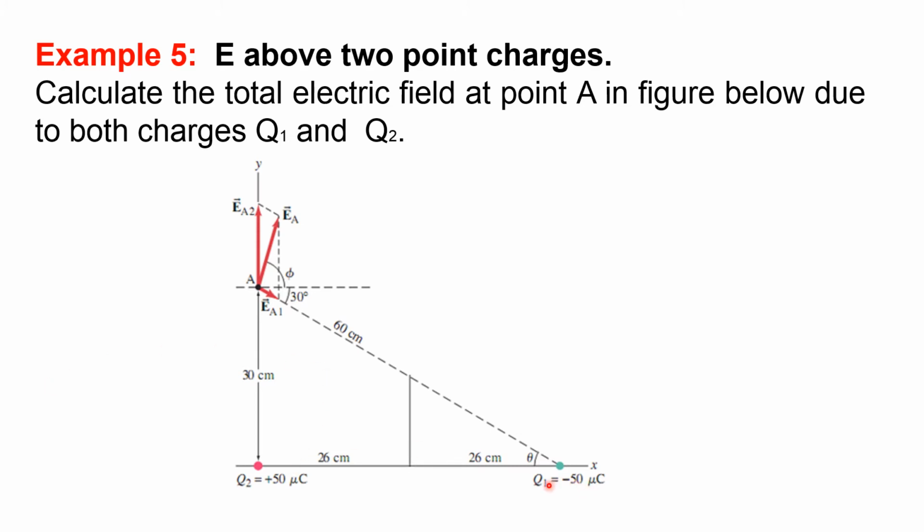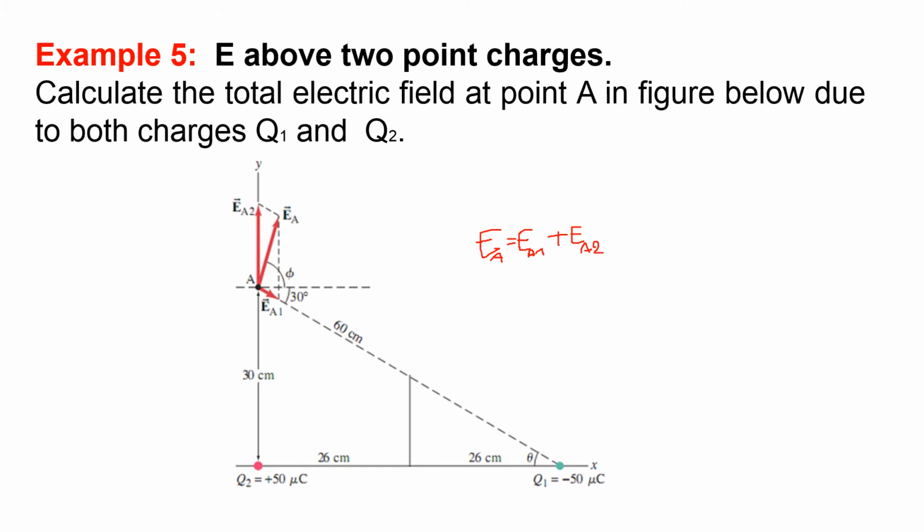We have two charges, charge Q1 negative charge, charge Q2 positive charge, and we are given a point A. We are asked to determine the total electric field at point A due to these two charges. The electric field at point A is equal to the electric field at point A due to charge 1 plus the electric field at point A due to charge 2.